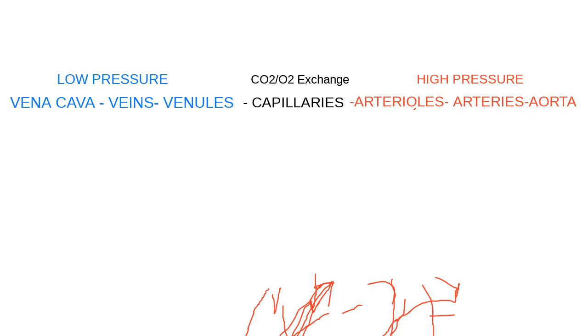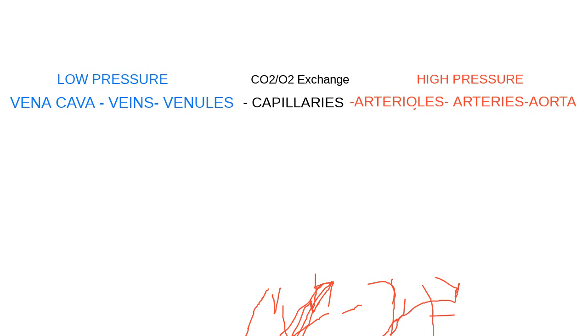Now with the composition of blood, what is the blood composed of? If you have an answer to that question, raise your hand. Go ahead, Mr. Duhaney. Plasma, white blood cells and red blood cells.